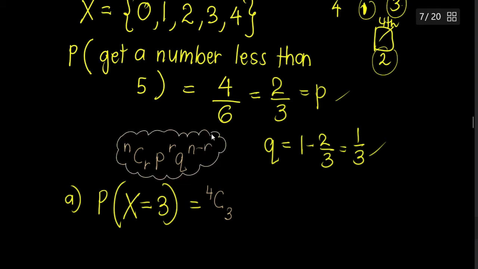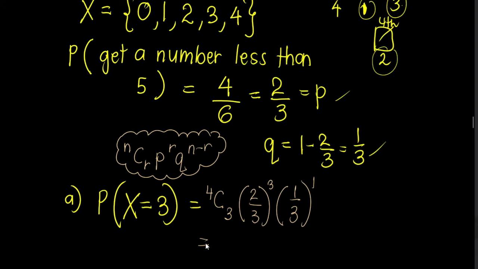So what is our P? P is 2/3. What is the R? R is 3. What is the Q? 1/3. What is n minus r? Take 4 minus 3, so 4 minus 3 is 1. Okay, let's key in the calculator in one shot: 4C3, 2/3 power of 3, times 1/3.